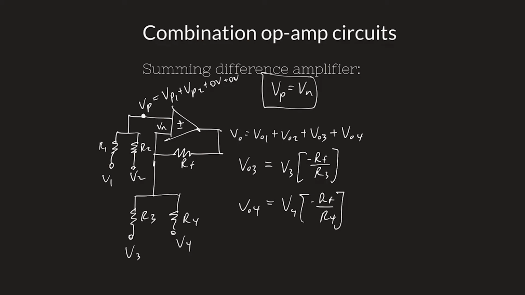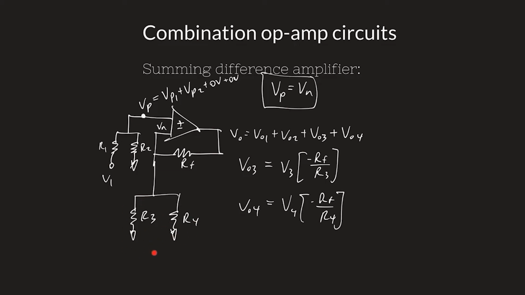Okay, so now 1 and 2. That's when these guys are turned off, so I'm going to ground these. But notice what happens when I ground these. Let's look at this bottom node first.